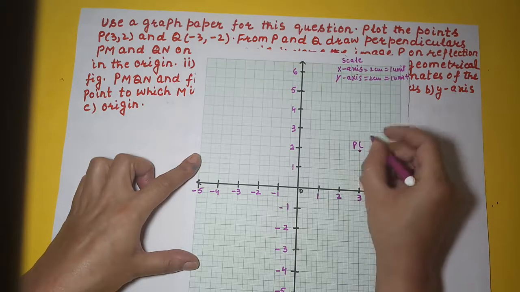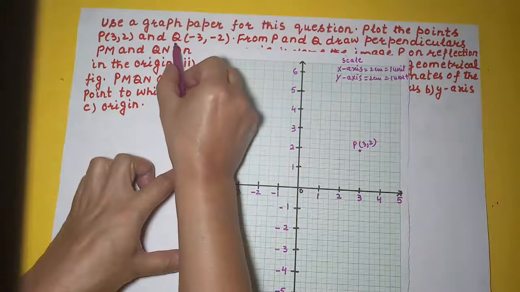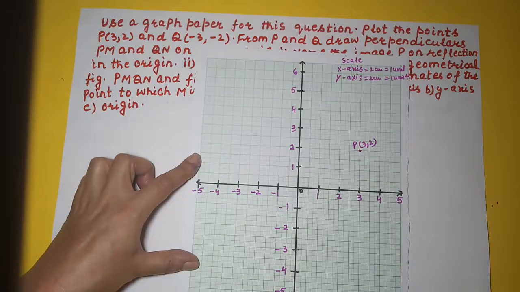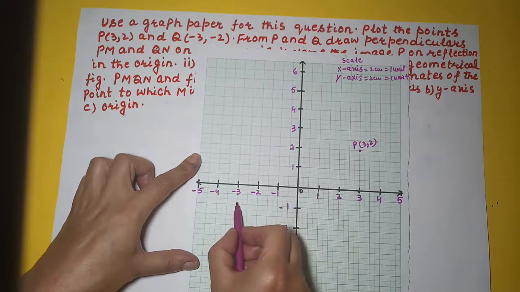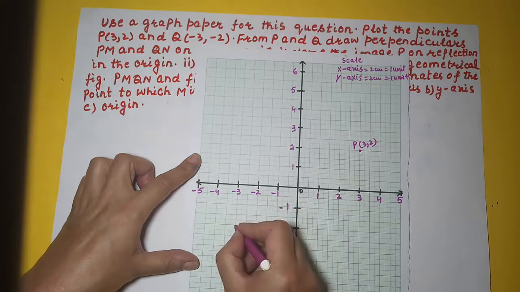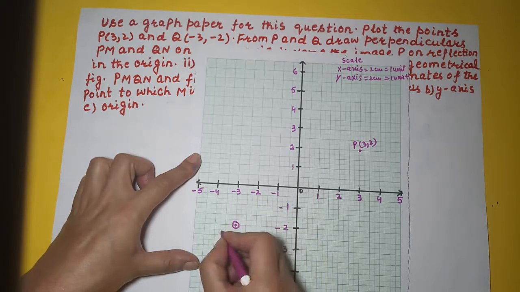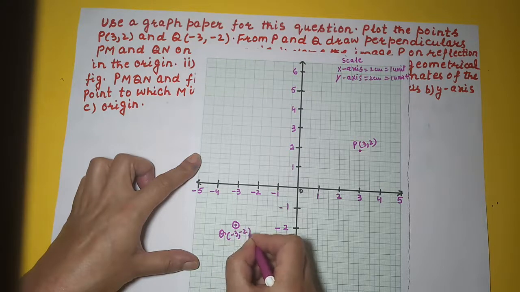So my point P is (3, 2). I have plotted this. Then he wants me to plot Q (-3, -2). So X is -3 and Y is -2. So this is X and this is Y. So here exactly is my point Q, whose coordinates are (-3, -2).